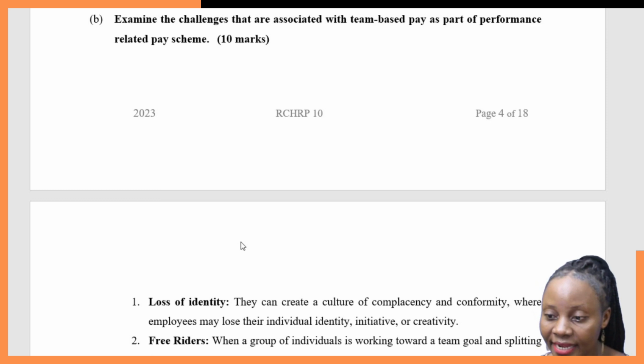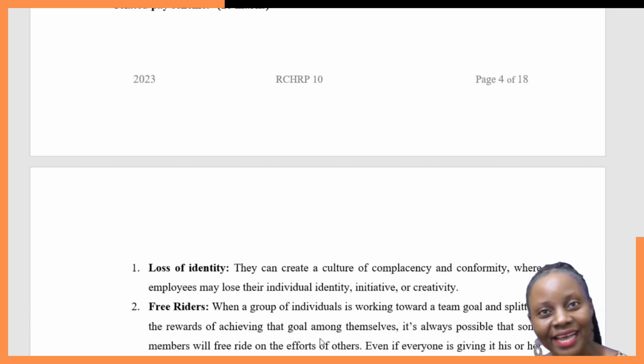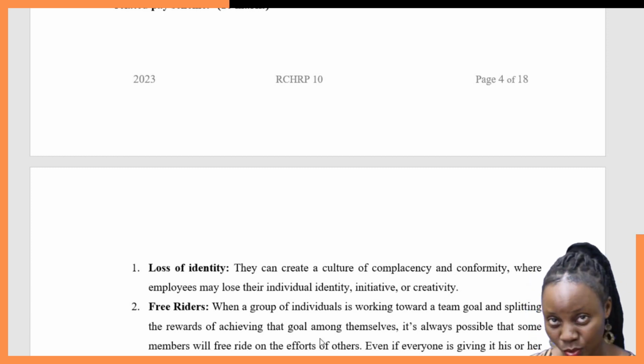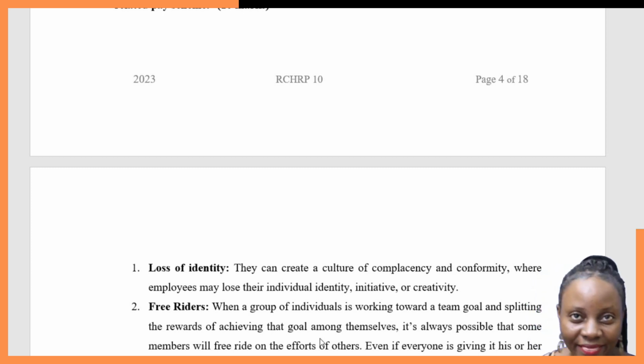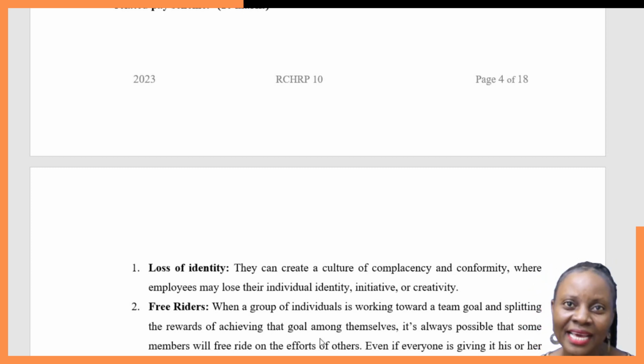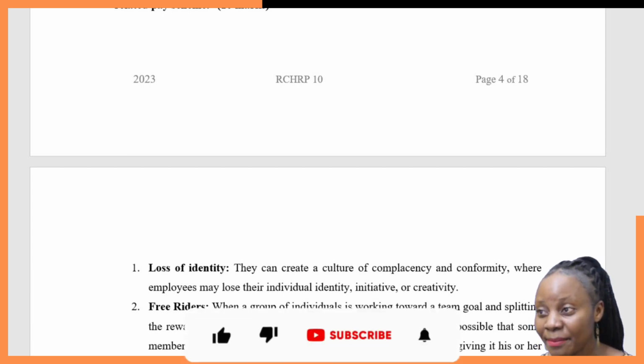And then we have another challenge, which is free riders. As I said earlier, in a group, we have all sorts of people. We have the hard workers, we have the lazy people, we have the free riders, the joy riders, so to say. Those people who are just there, they're being carried by the group. They're not working, they're not hardworking, they're not committed. They're just there wandering around, basically because their name has been carried by the group. So another challenge associated with team-based payment will be paying others for free.